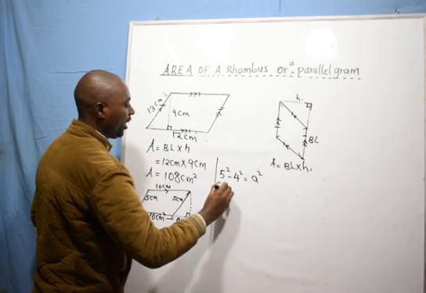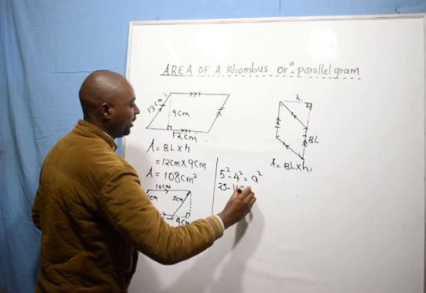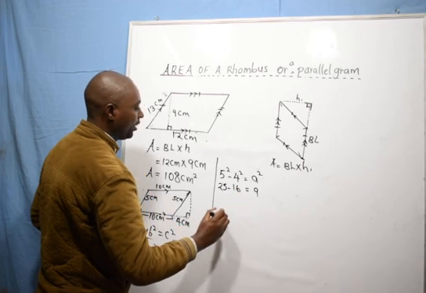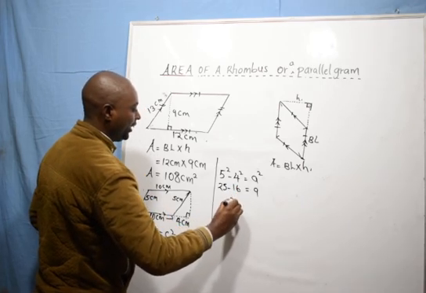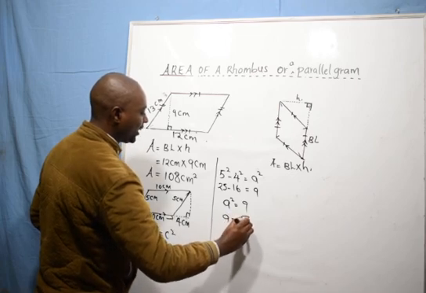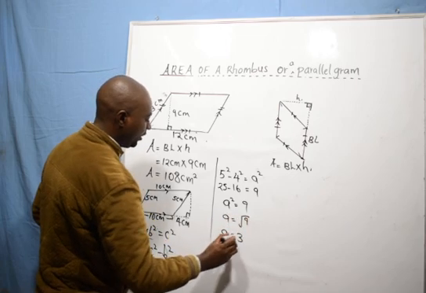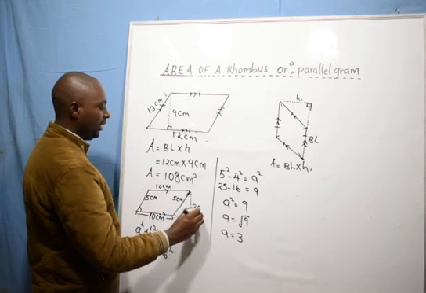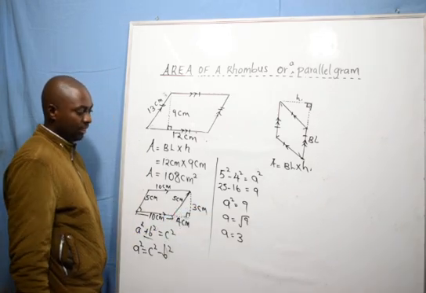So this is 25 minus 16, which gives me 9. Therefore a squared is 9. What is a? a is the square root of that answer, and a is 3. Meaning that the height of this figure is 3 centimeters.